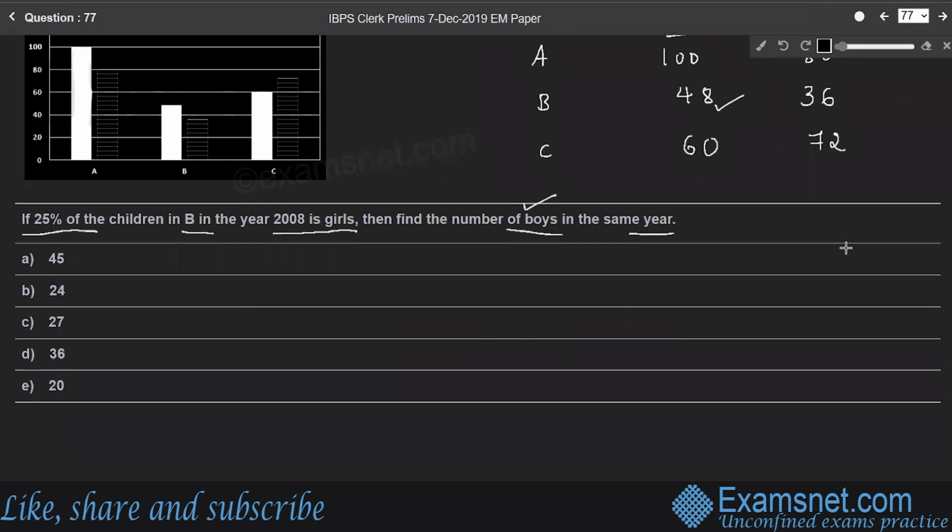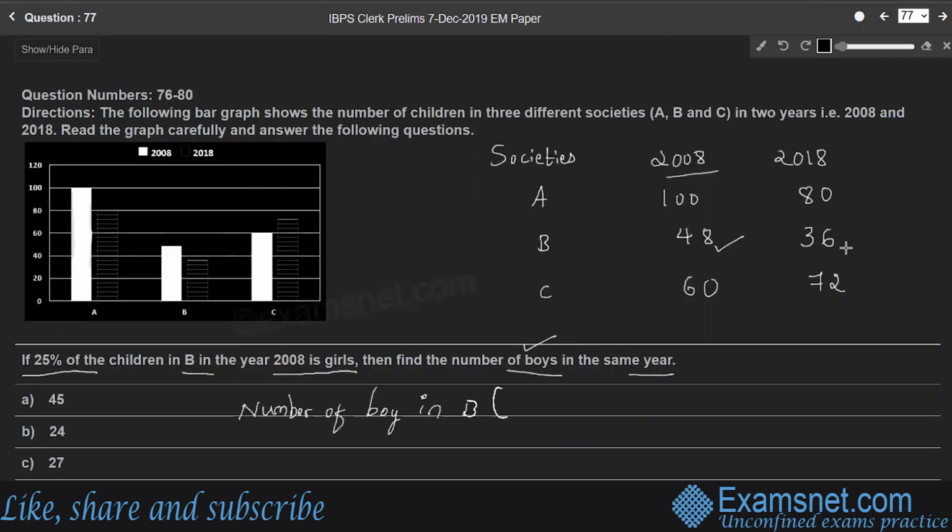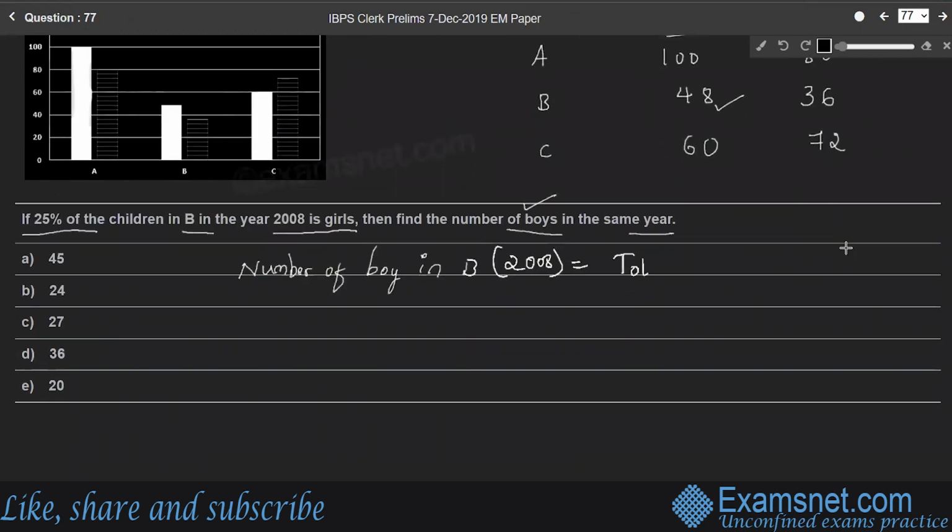So here, number of boys in Society B, that is in 2008, is equal to the total number of children in B in 2008, minus the number of girls in B. So the total number of children in B is 48, minus the number of girls.